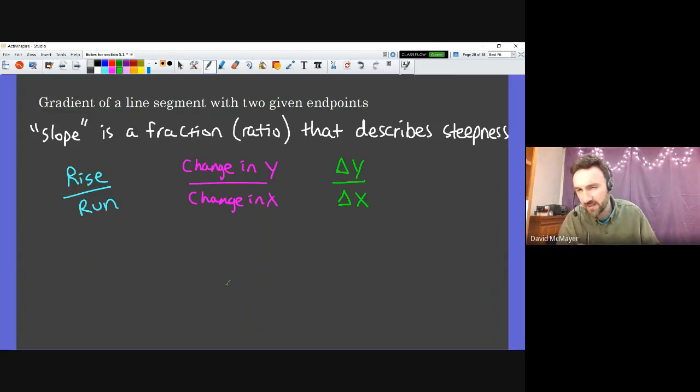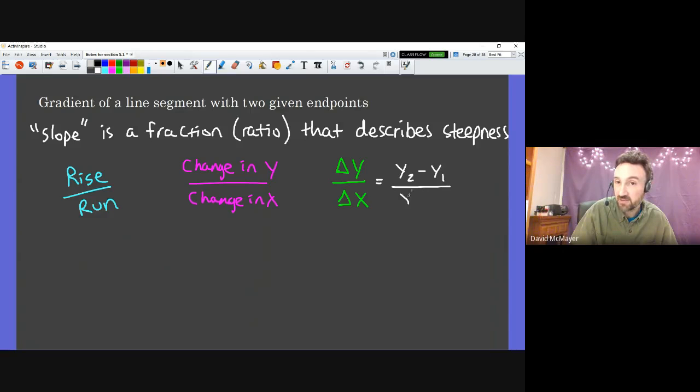So I write triangle x, it's delta x. That stands for the change in the x values. And if I'm going to name the coordinate points x1 comma y1 and x2 comma y2, the change in the y values is really going to be y2 minus y1 over x2 minus x1.